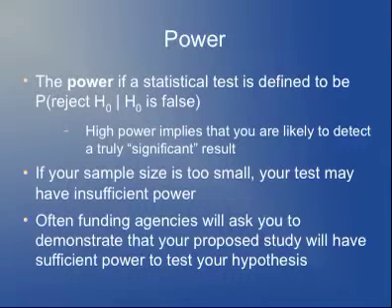And power of the statistical test is defined to be the probability of rejecting your null hypothesis given that your null hypothesis is false. In other words, you're testing a drug or something like that, you're trying to see if the drug is more effective than the placebo.